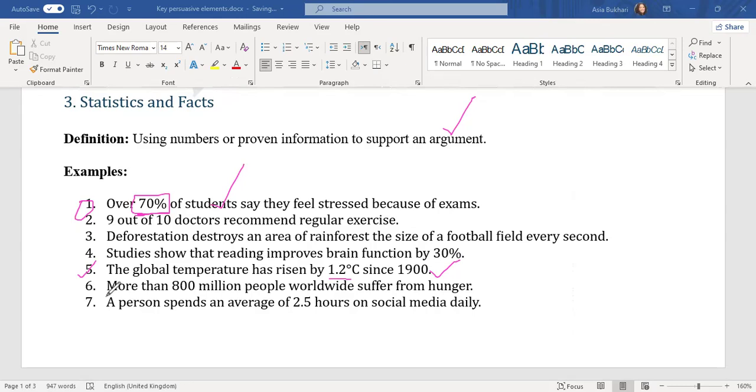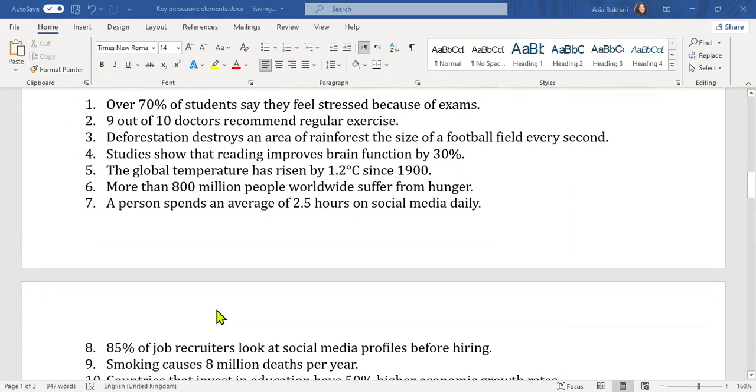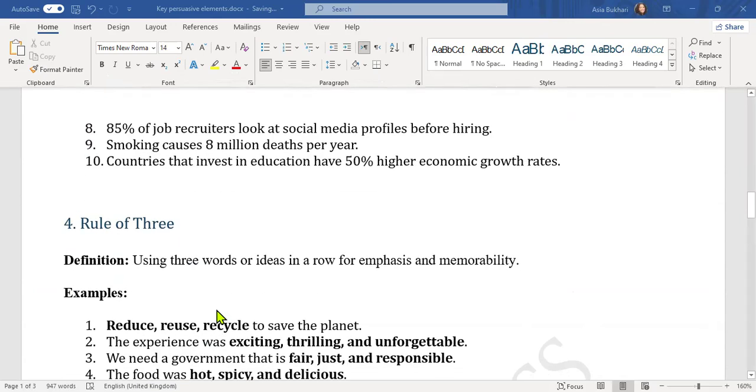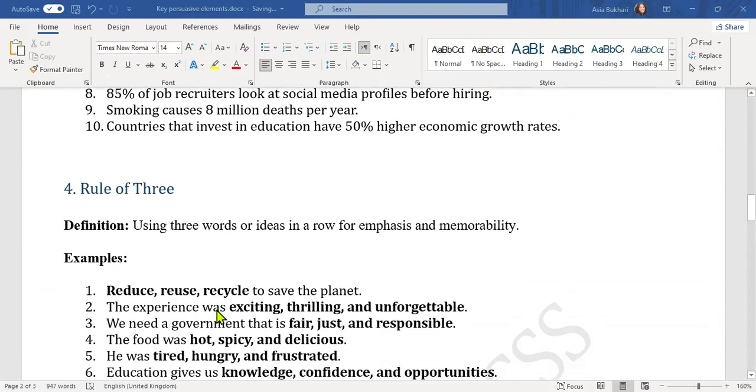And if I say that a person spends an average of 2.5 hours on social media daily, so you see that it is really going to startle your readers that, okay, this is a really very strong point made by the speaker. So the use of facts and figures is really very important. You can read the rest of the examples, you can memorize them, and you can reuse them in your writing.